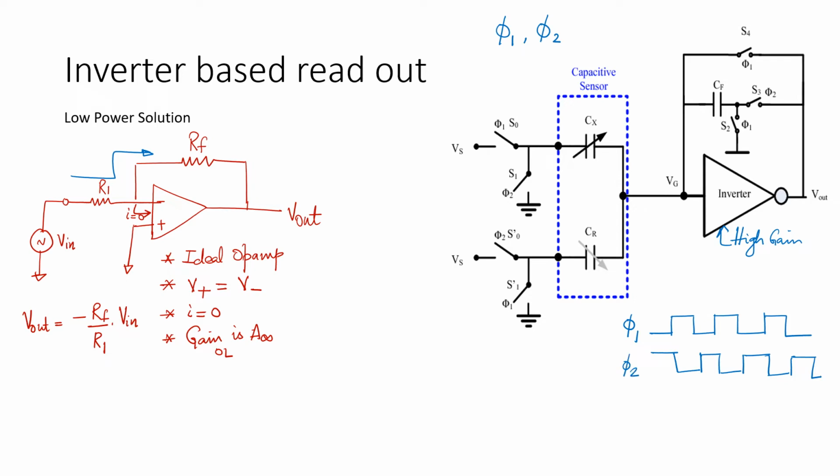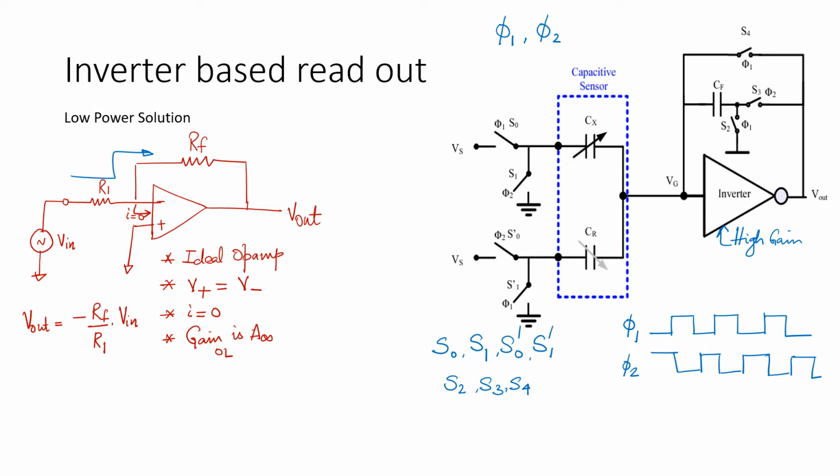Now, how many switches do we have and in what ways are they operating? We have switches S0, S1, S0 bar complement, S1 complement, that is on the input side, and on the feedback side we have S2, S3 and S4.